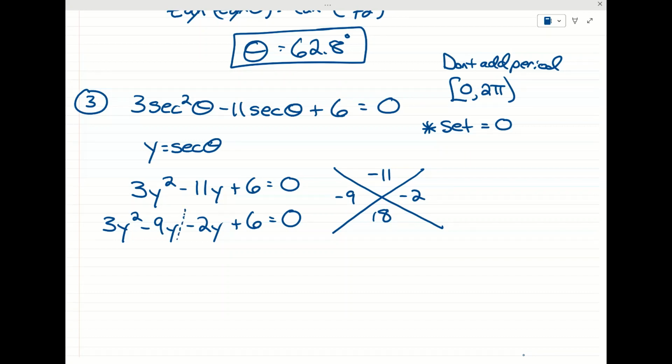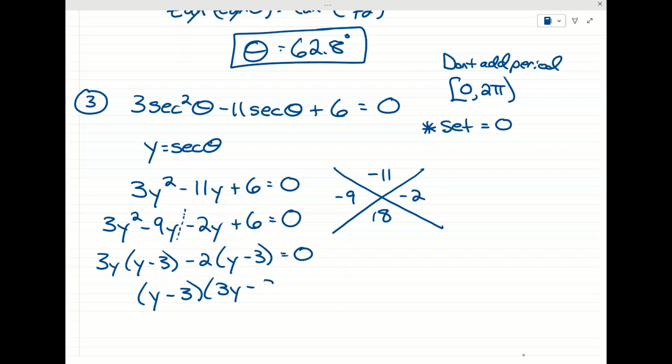We can cut it down the middle and take out a 3y. We're left with y minus 3. Take out a negative 2, y minus 3. And in factored form, we get y minus 3 times 3y minus 2 is equal to 0.